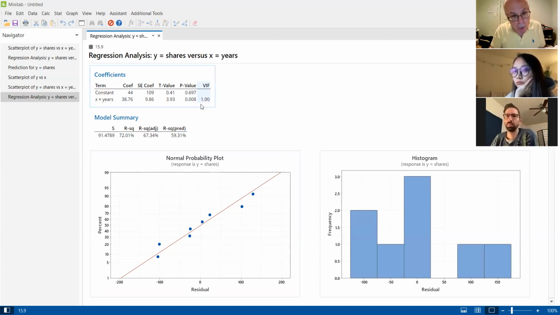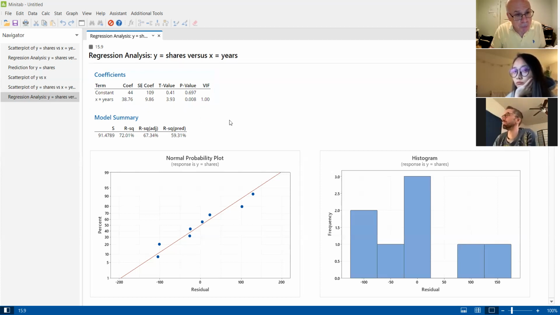And this measure here, the VIF measure, and this is not something I'll be testing, has something to do with that. You'll just have to take my word for it. It's low, it's not too high, and therefore that condition's also being met. All right, so everything looks fine for this regression.